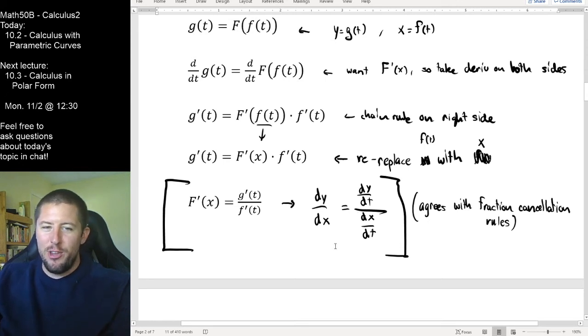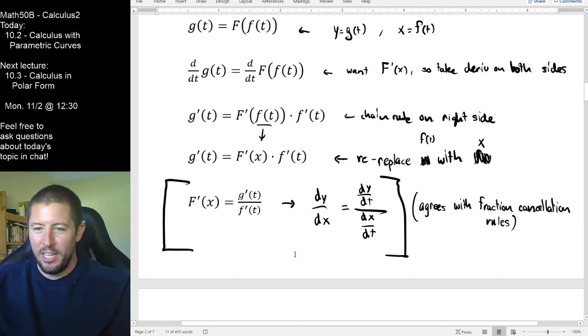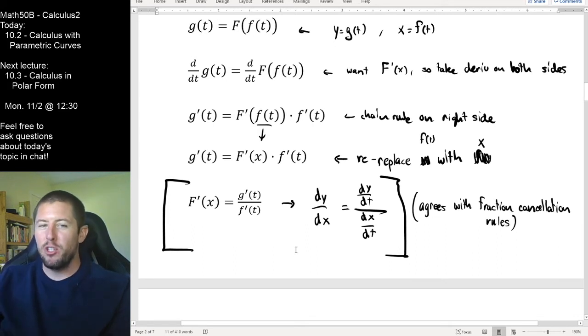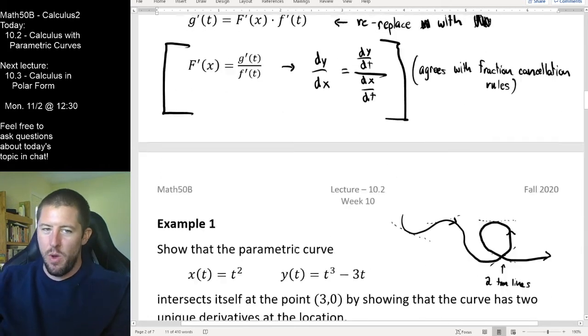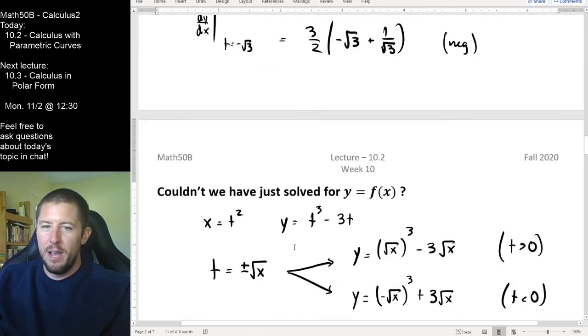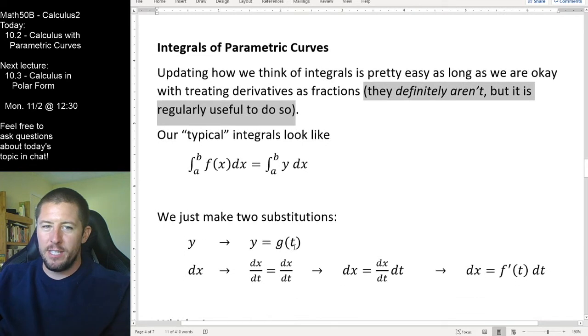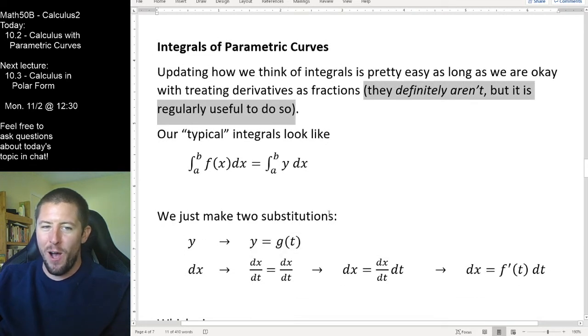Never truly fully trust that, but let your intuition suggest that to you all the time. It's always a good guess, but just be aware that smart people know that it's not always the case. So don't overdo the whole fractiony idea here, but I'm going to abuse the crap out of it in this line right here, and I'm going to be right about that, so it's okay.